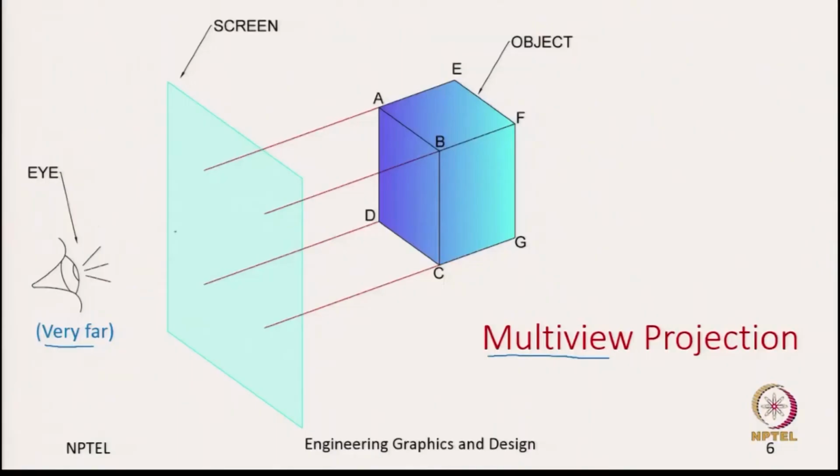So, let us say the same thing, if you are looking from the top, here is your eye from where you are looking, and we said it is very far. This is the projection plane, and let us say this is the object.